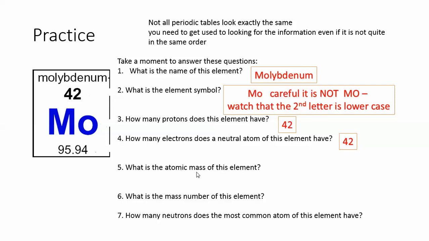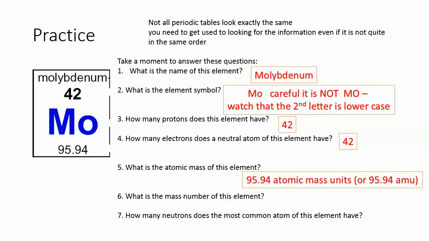Well, the atomic mass is that decimal number that's right down here. So the atomic mass is 95.94, and the units are atomic mass units. We've talked about this a couple times, but we haven't spent a lot of time focused on it. But that is the unit that we use, 95.94 atomic mass units, or AMU is a way you'll see it abbreviated.